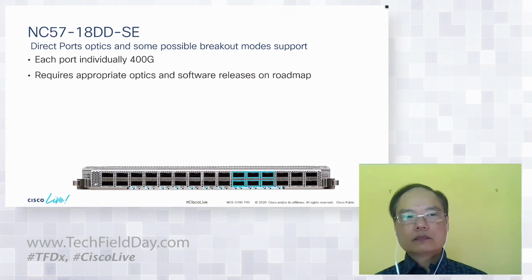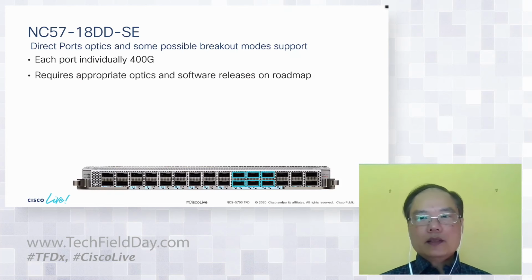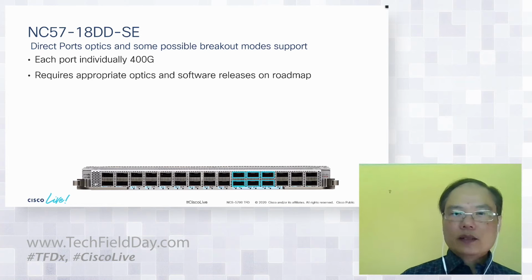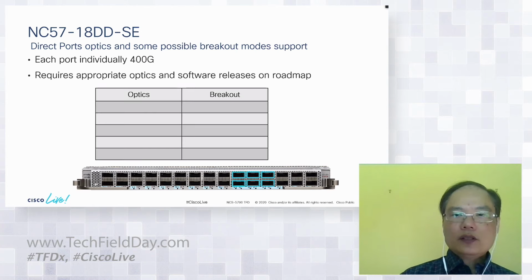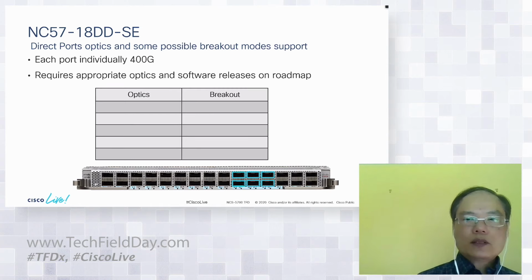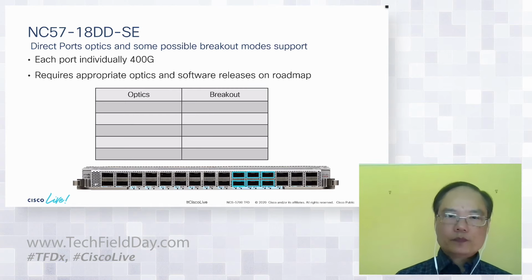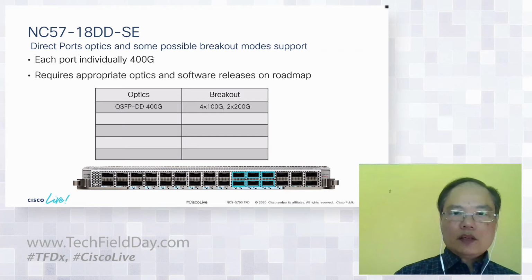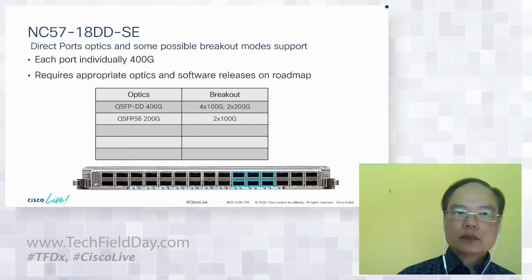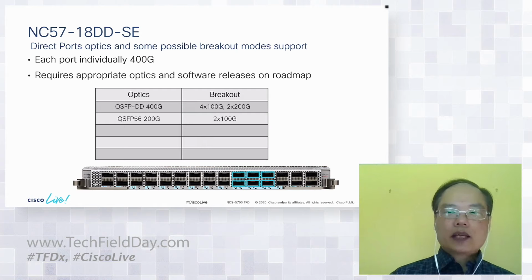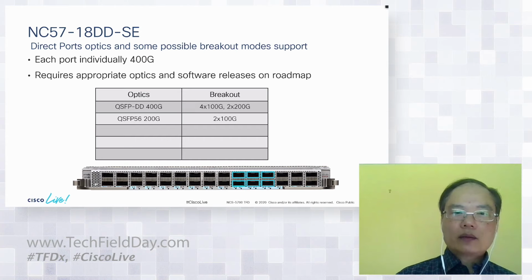Let's discuss the direct ports, each with individual 400 gig, the possible optics and breakout options. Of course, it will be subject to appropriate optics availability and software releases. For QSFP-DD 400 gig optics, it can be broken out to 4x100 and 2x200. For QSFP56 200 gig optics, it can be broken out to 2x100 gig.